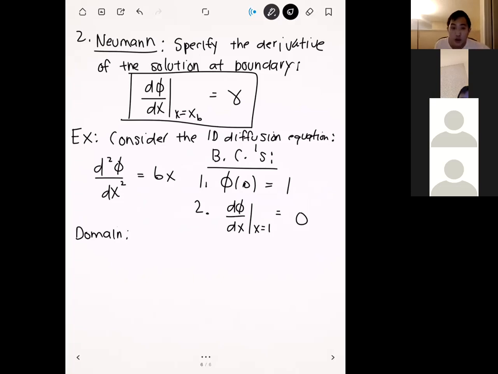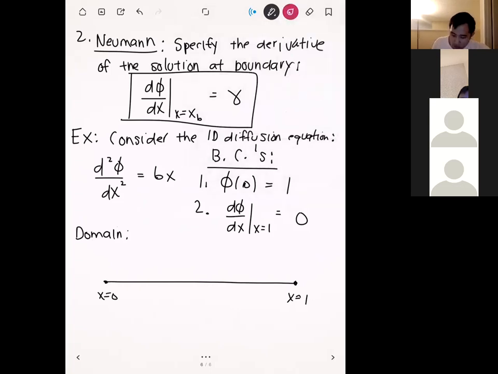And then the other boundary condition is applied at x is equal to 1, and that's going to be the right-hand side. And so there's our domain. Since our boundary conditions are at 0 and 1, we're going to be solving the equation in between those.